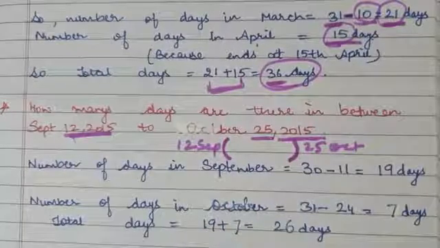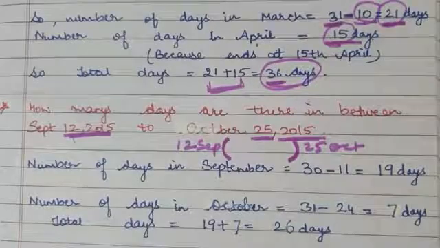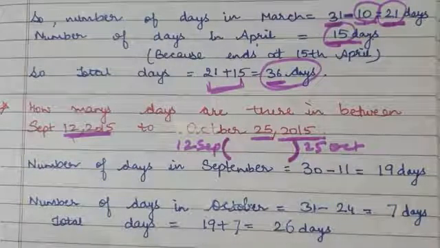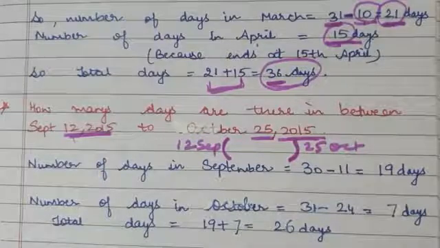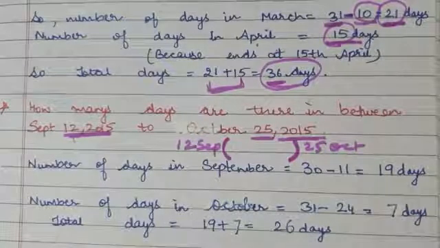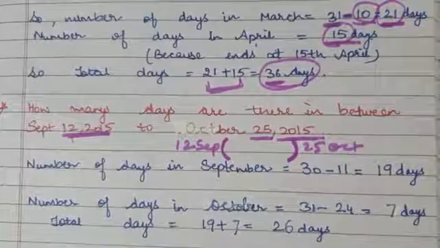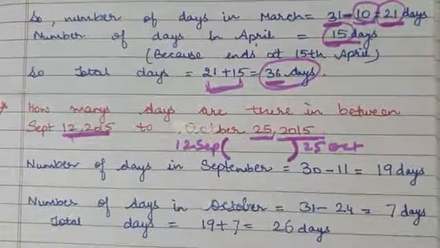Children, always read the question carefully. In between it is asked or from it is asked. Both are different. So you have to be very attentive while doing the question.